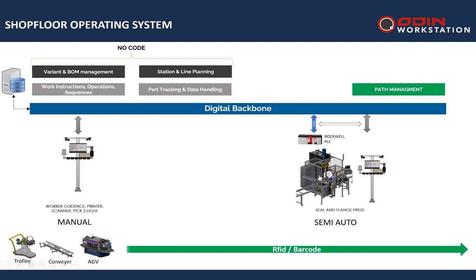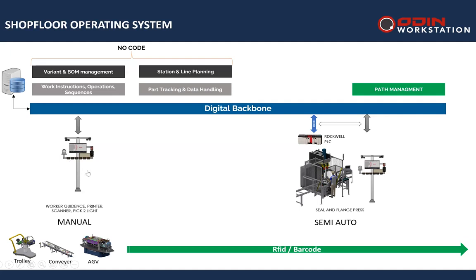Part management, as I alluded to, is really around the part tracking and data handling, as well as the destination of the part as it goes through the line. So for example, this is a simple 2-station production line. Your conveyor or your AGV or a trolley will basically come into the first station, perform its tasks.